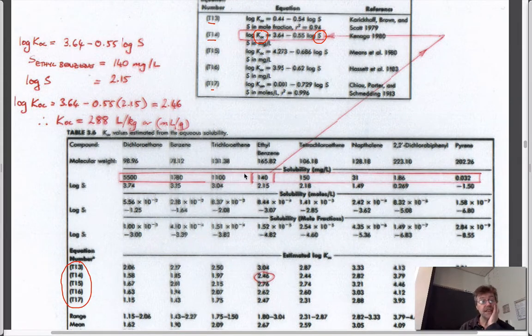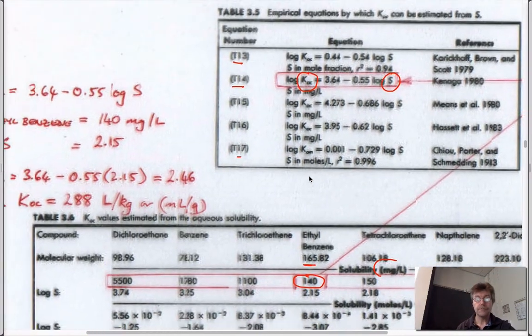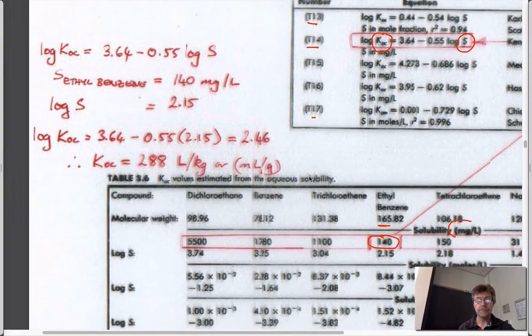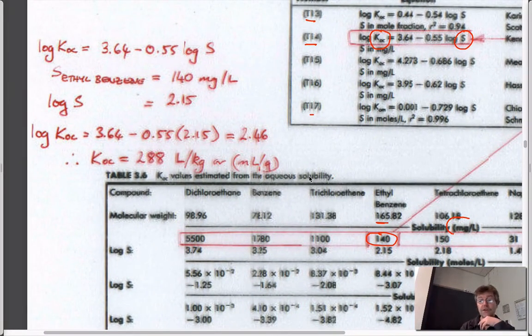But basically, if we want to calculate the organic carbon partition coefficient for ethylbenzene, which has a molecular weight of 165.82 grams per mole, then what we need is the solubility of it, because the solubility goes in here. The solubility has to be in milligrams per liter. So they are unit specific.